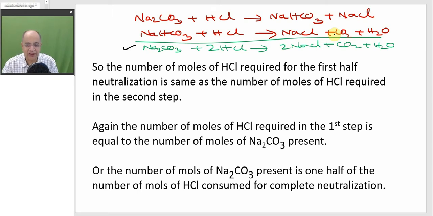Now, just let me show you. I caution you that when you handle such problems, always do it by the mole method. The equivalent method is highly risky, lacks clarity and is confusing also. Why? Because in the first reaction, the equivalent mass of sodium carbonate is not 53, it is 106.